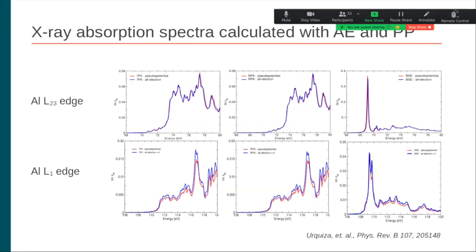So the thing is that when we describe the excitations with the plane waves, if we are studying the 2s states, we get 4 bands corresponding to the 4 aluminum atoms, and they are degenerate, and the resulting spectrum is wrong if you include just one of these bands or 2 of these bands.